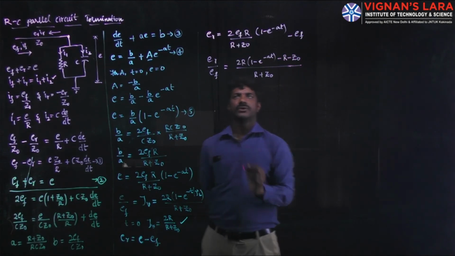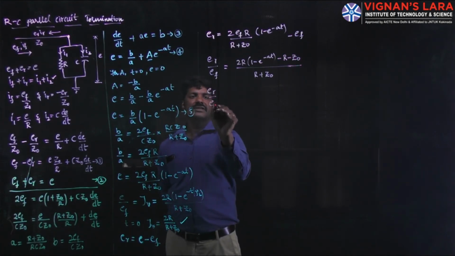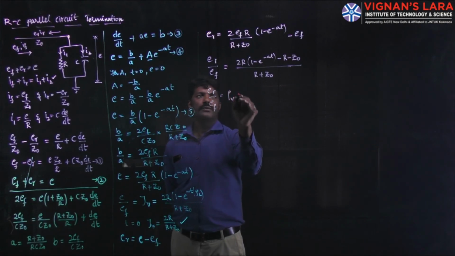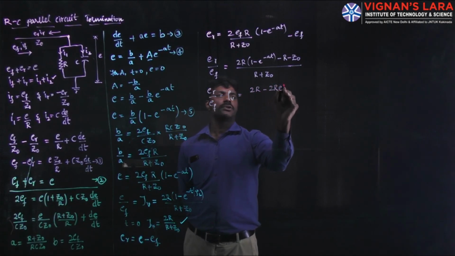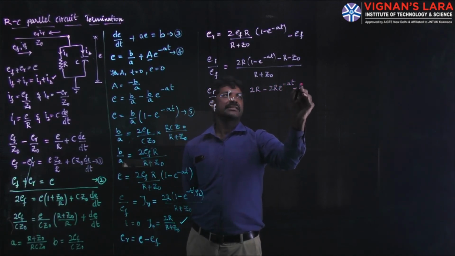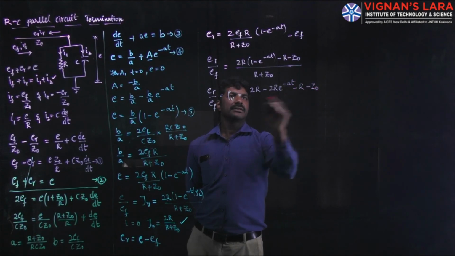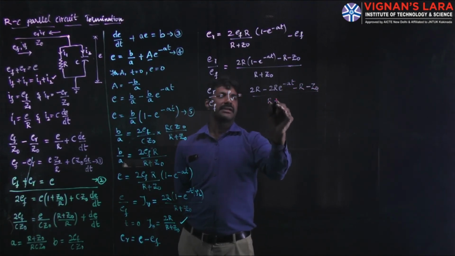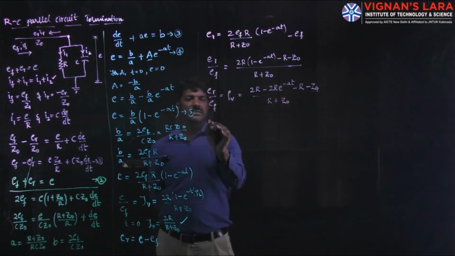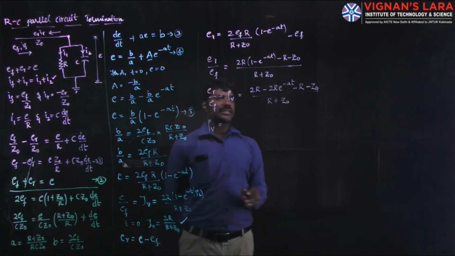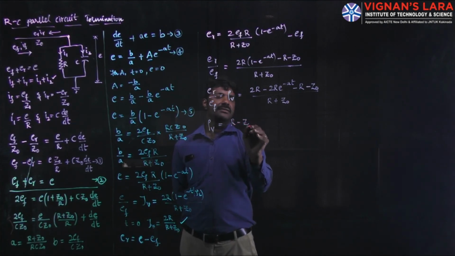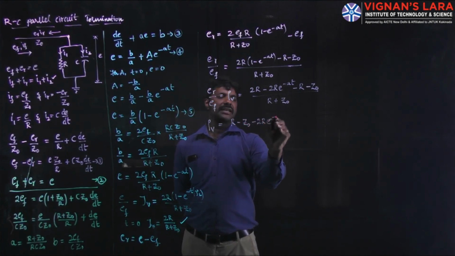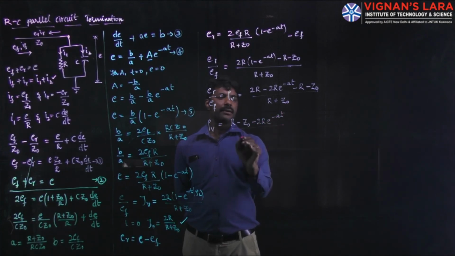This is the value. So ER by EF is equal to rho V, which is equal to 2R minus 2R e to the power minus AT minus R minus Z naught by R plus Z naught. That is rho V for this parallel circuit, equal to 2R minus R is R minus Z naught, minus 2R e power minus AT, by R plus Z naught.